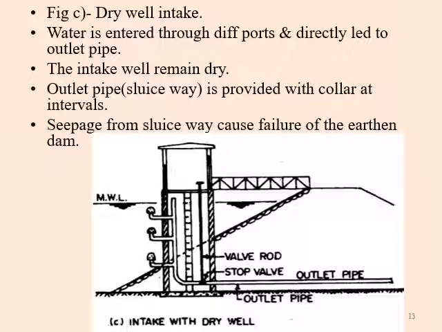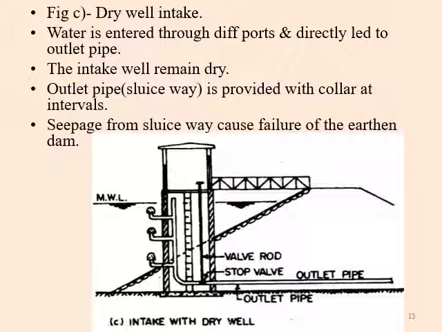The third one is the dry intake well. Water enters through different ports and is led directly to the outlet pipe. So here in the intake well, water will not get stored.